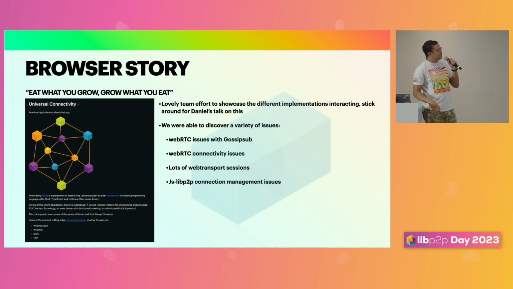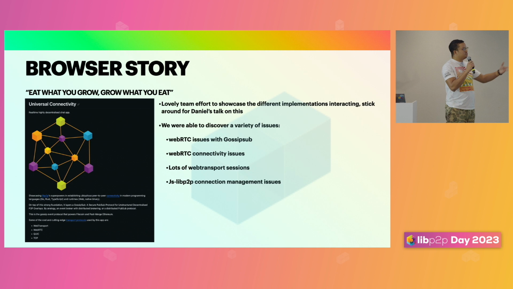But essentially, as Daniel had mentioned earlier, this lovely team effort, which was universal even on a social level, got people together to showcase the different implementations of these different transports interacting. What it actually helped us with was uncovering a lot of issues with WebRTC. For instance, we discovered some particularities around using it with GossipSub.